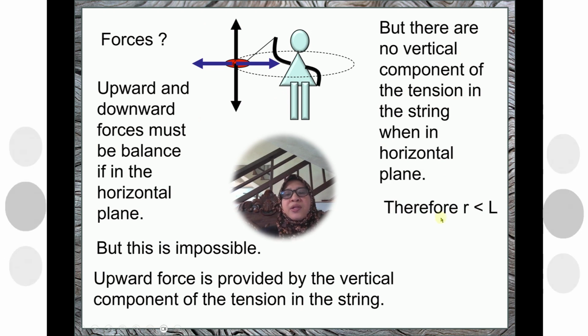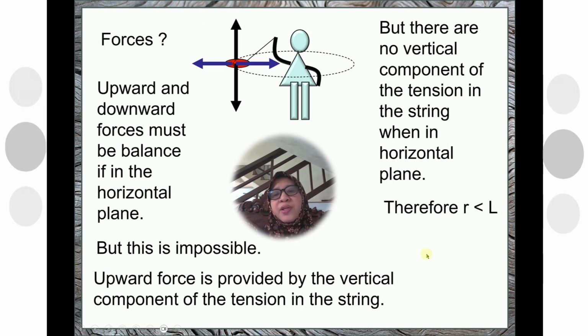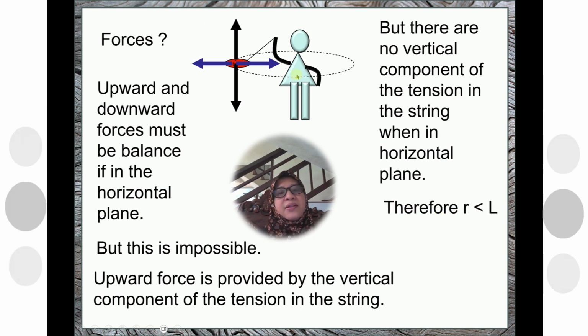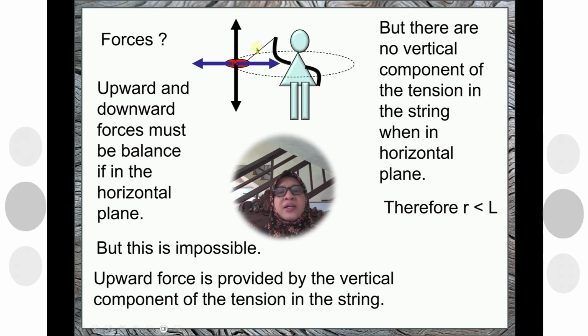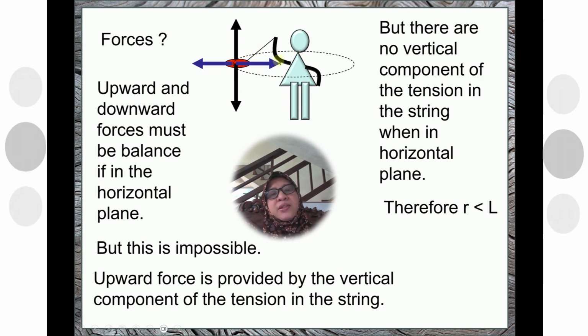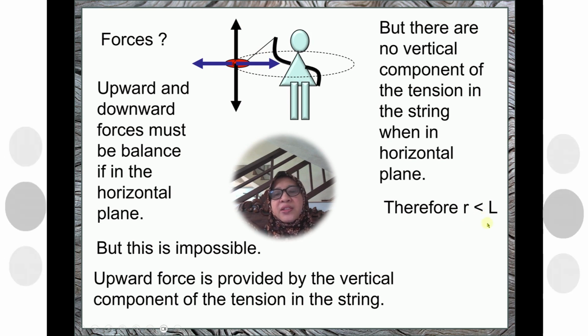We are going to prove this by calculation. The radius of the circle must be less than L, so that the upward tension component of the string is there. So the radius of the circular motion must be less than the length of the string.